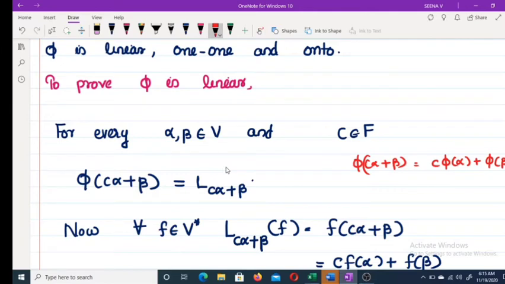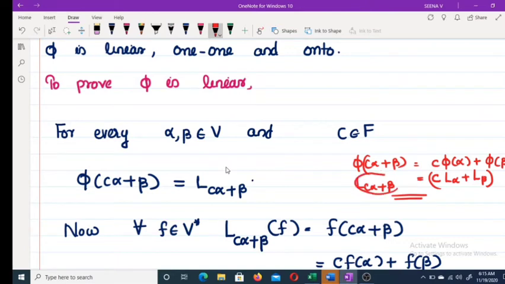Phi alpha is L alpha and phi beta is L beta. We have to prove this, and this is L of c alpha plus beta.